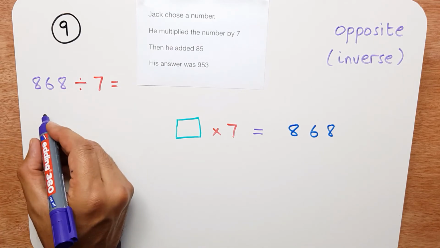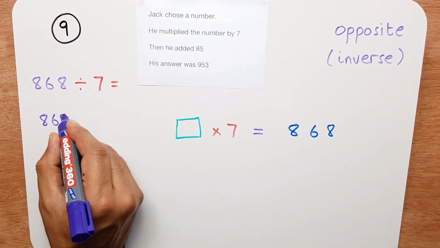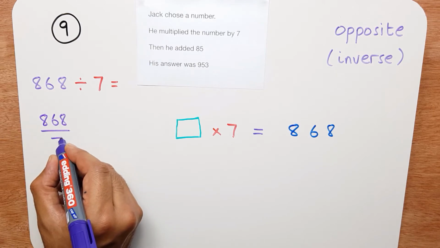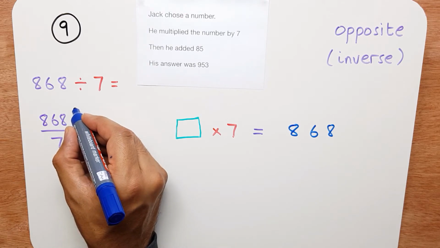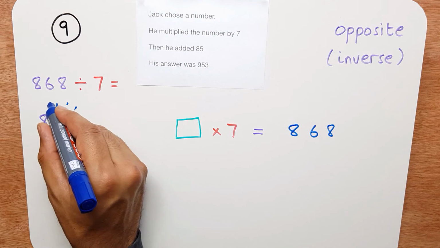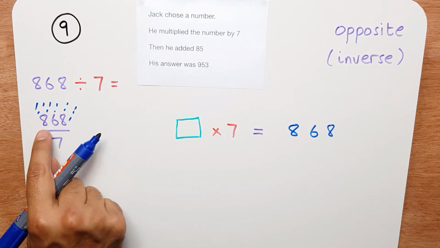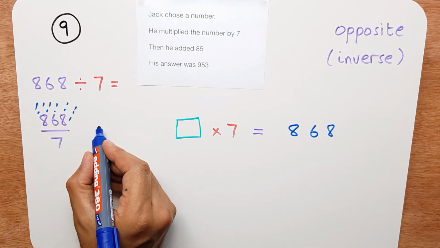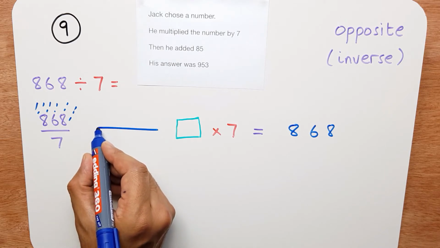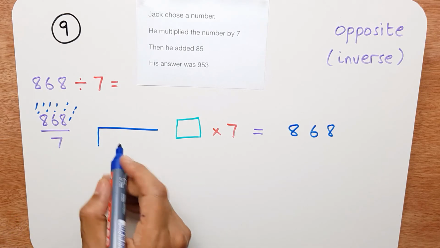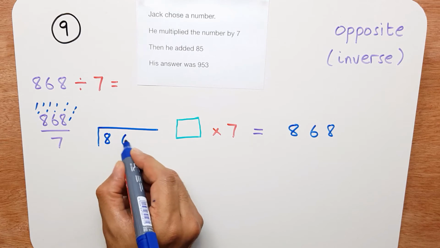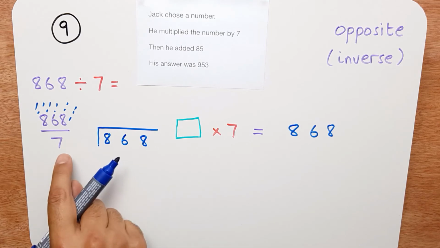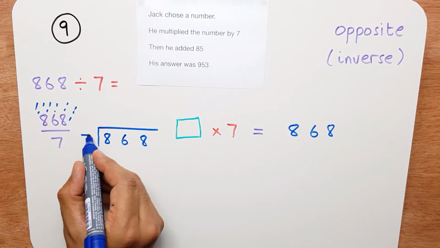Now I like to write this as 868 divided by 7 because I can use the bus shelter method. So it's raining. 868 is getting wet, so I build a bus shelter for that number. So I put 868 there. And this 7 has to go outside now.